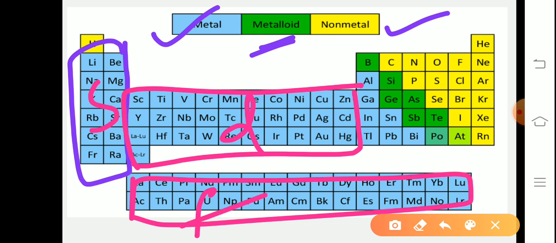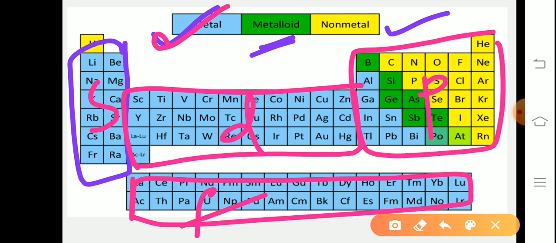So S, D and F block elements are mostly metals, right? Here these are P block elements. The P block contains metals, metalloids and non-metals. Okay, by looking at the periodic table you can easily identify. Understand? This is the simple trick.